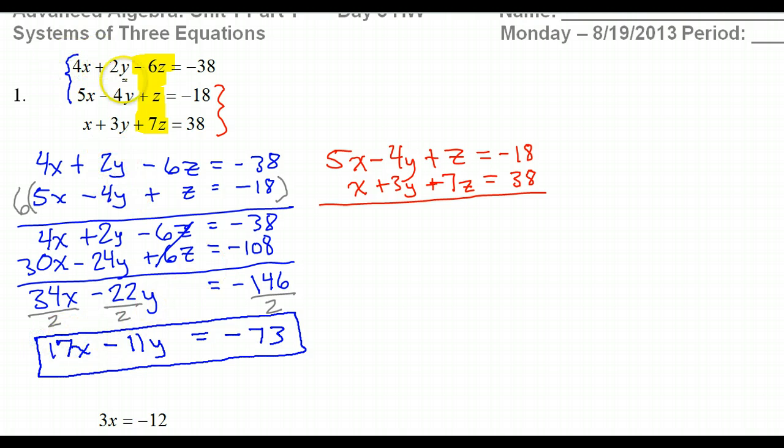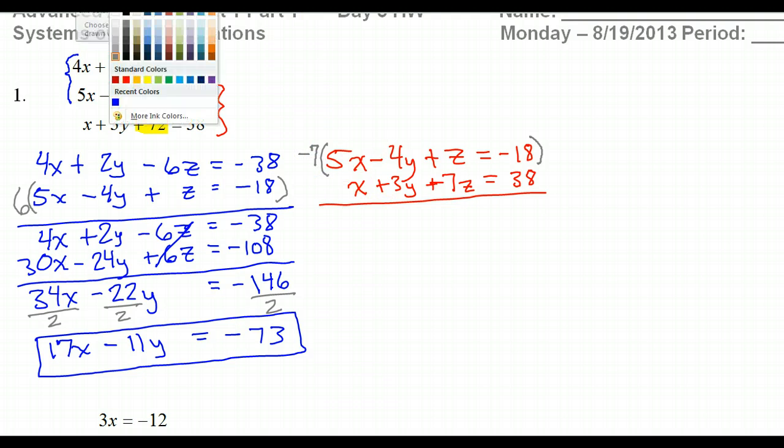Alright, so remember, I put the top two equations together and eliminated the z's. Now I'm putting the bottom two equations together, and I'm again going to eliminate the z's. Let's see. This time I have a 7 and a 1. If I could make this into a negative 7, then they would cancel. So I will multiply by negative 7, like you do.